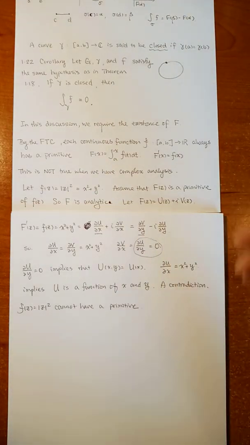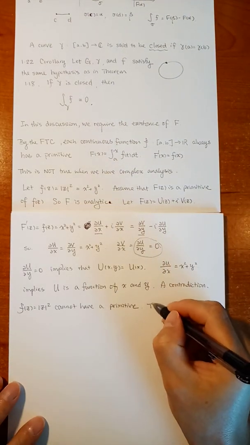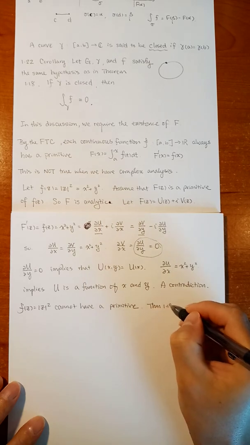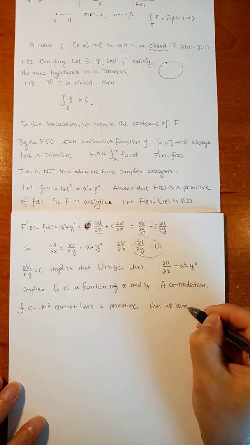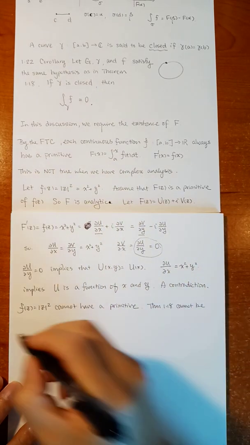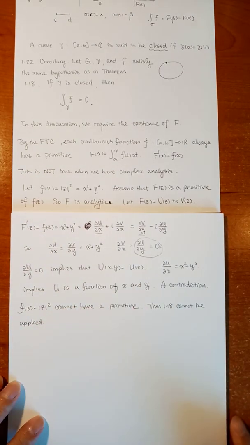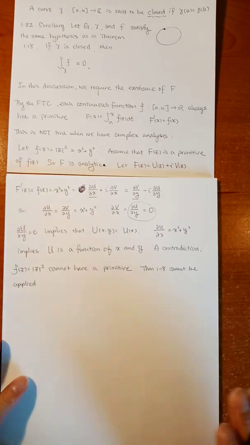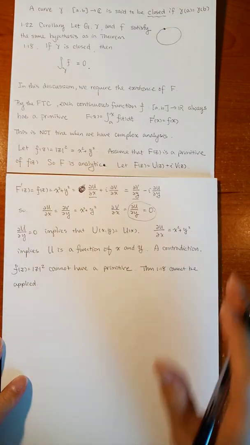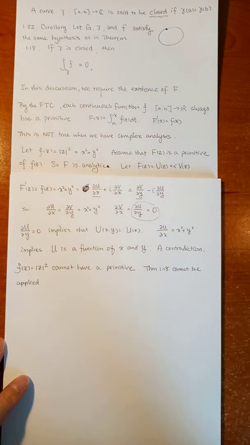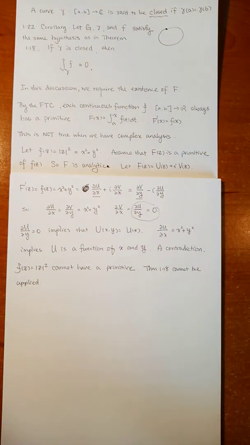Theorem 1.18 cannot be applied. All right, so Theorem 1.18 can only be applied if this function does have a primitive. All right, so we finished Section 1 in the Riemann-Stieltjes integral.